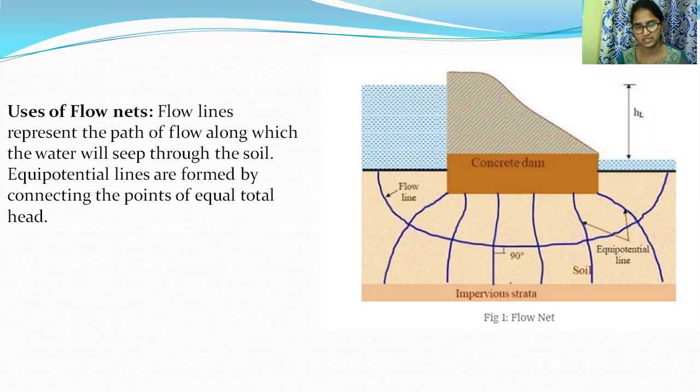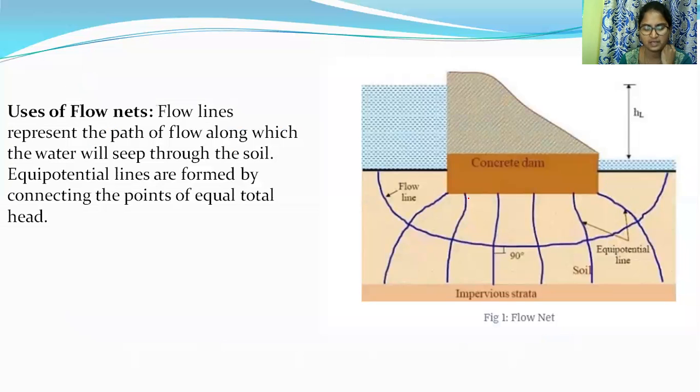This is the impervious strata, and this is the concrete dam, with the flow net below it.